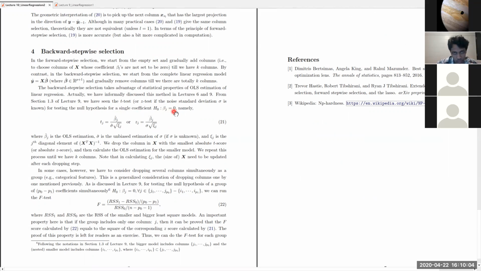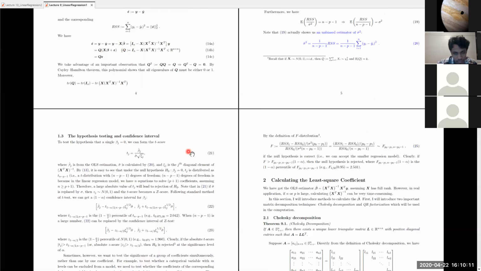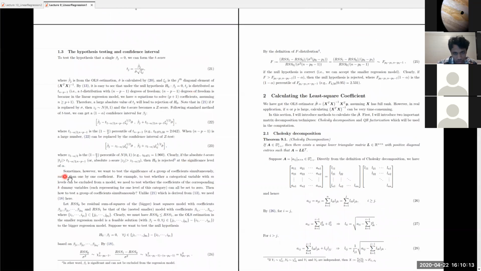Now there's a problem that, as we just mentioned in lecture 9, in some cases we may want to consider these coefficients by group. In other words, either keep them or drop them simultaneously. Why? For example, consider categorical variables, such as gender, male or female.